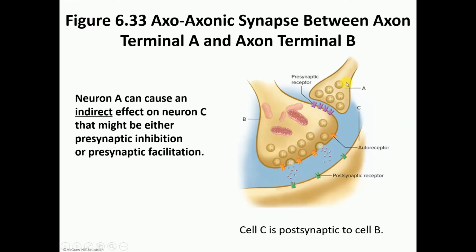So A does not have a direct effect on C, but it can affect it through B. Okay, so if A stimulated B, B will then stimulate C.